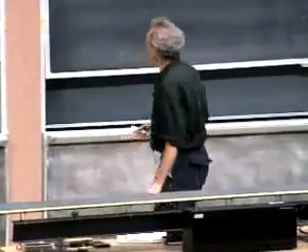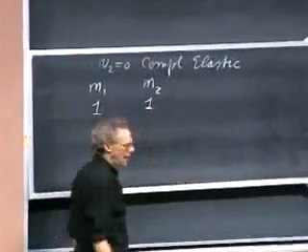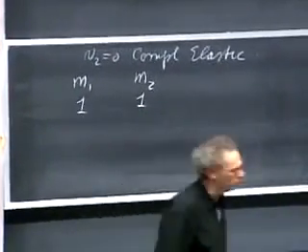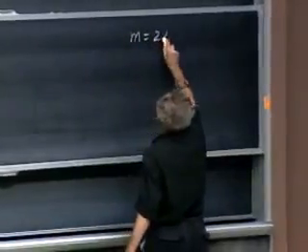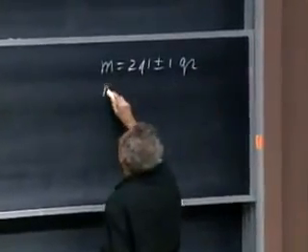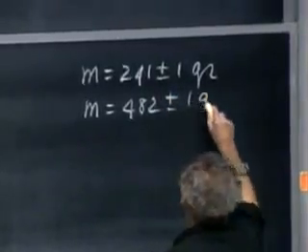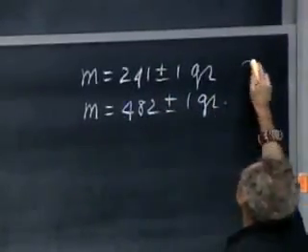So I have one mass of unit 1. I will tell you what that is. And I bang that into number 2. One mass is 241 plus or minus 1 gram. And the other mass that I have is 482 plus or minus 1 gram. And I have 2 of these.